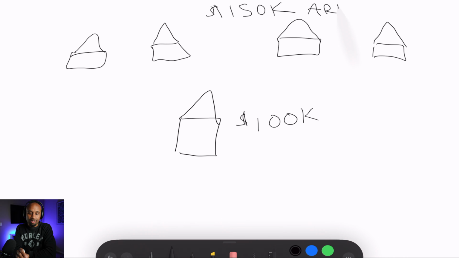So ARV 150. Now that's a $50,000 spread.